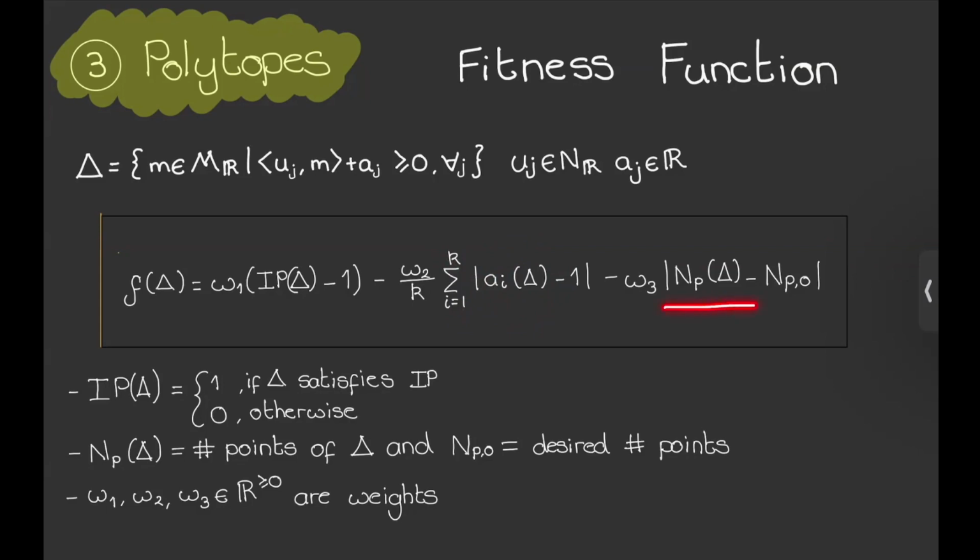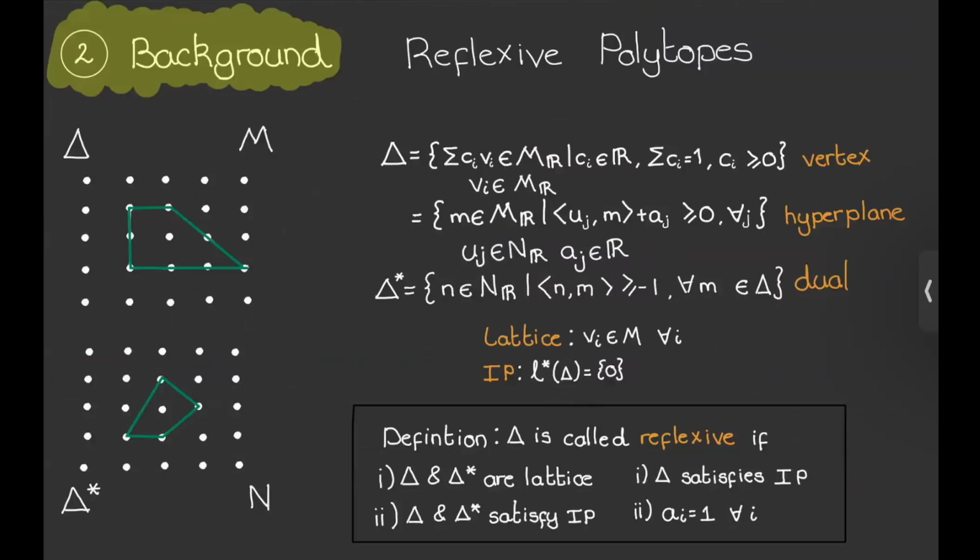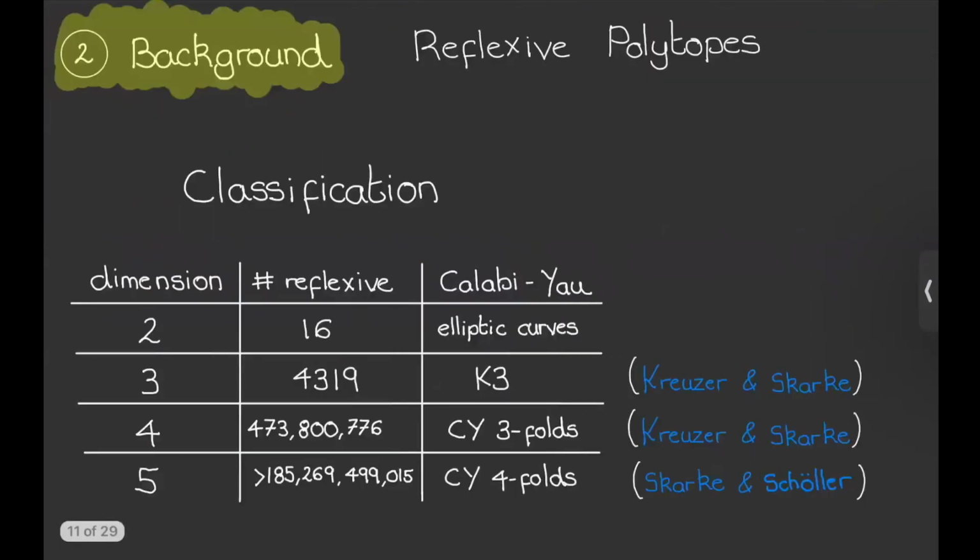Now this third term is used when we don't just want to generate reflexive polytopes, but reflexive polytopes with a specific number of points, which, as we'll see in a minute, is actually what we did in certain cases. Just to be clear what I mean by points: this polytope has just 4 vertices, but it has the interior point and some points interior to the facets, so these also contribute to the number of points.